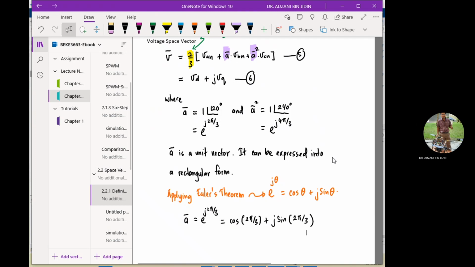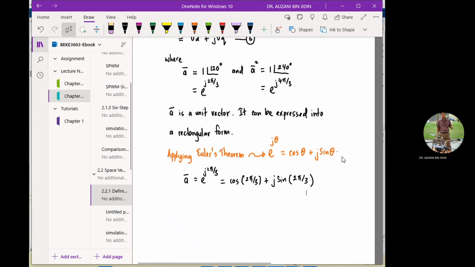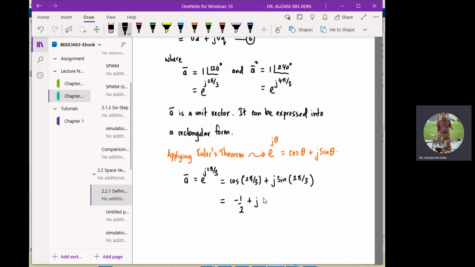Okay. And you can solve for the cos 2 pi per 3 is minus half plus j root 3 divided by 2. So this is equation number 7.